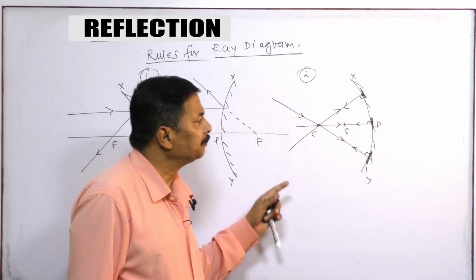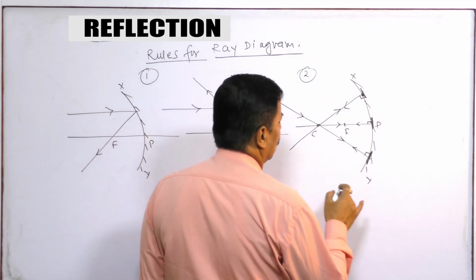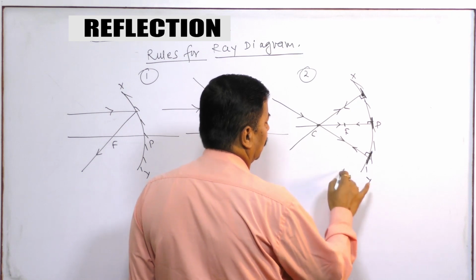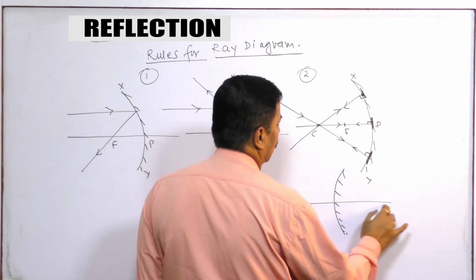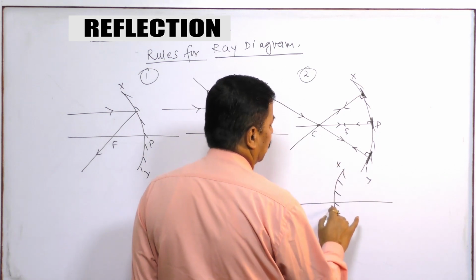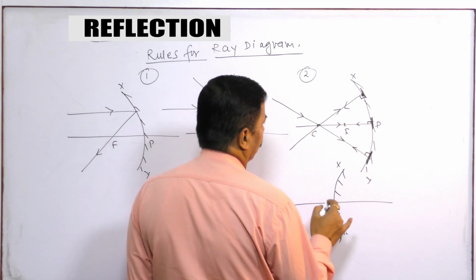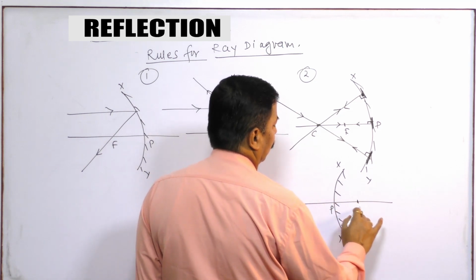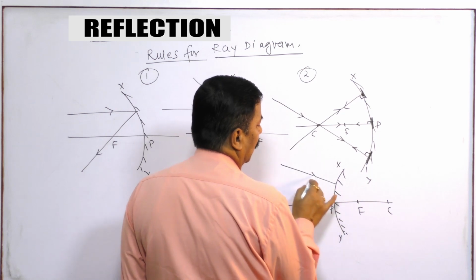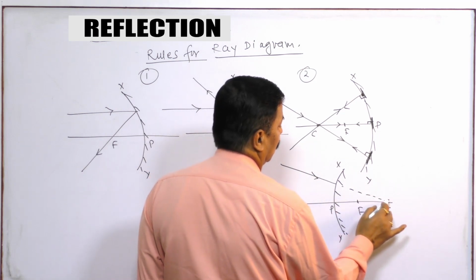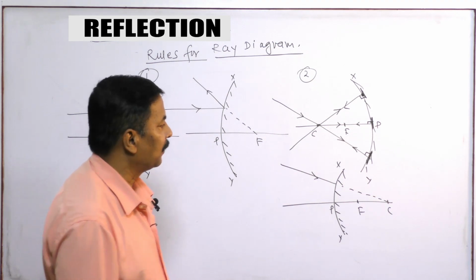So this is the case of concave. If we consider the convex mirror, with X, P, Y, focus, center of curvature, here the ray will not actually pass through the center of curvature, but it will appear to pass through the center of curvature.